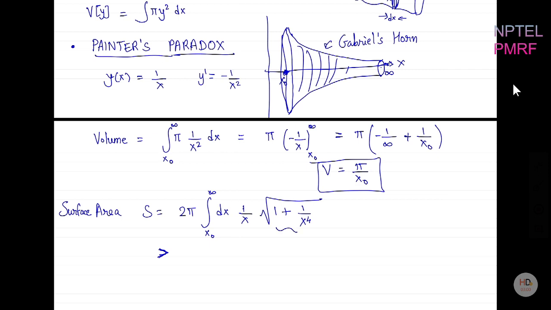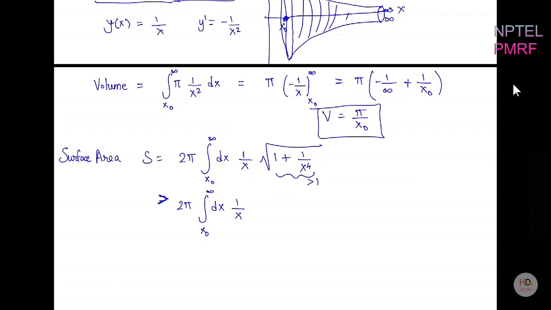Since this is always greater than 1, we can write that this integral is greater than the integral of dx over x, right? We are just removing some positive numbers every time.